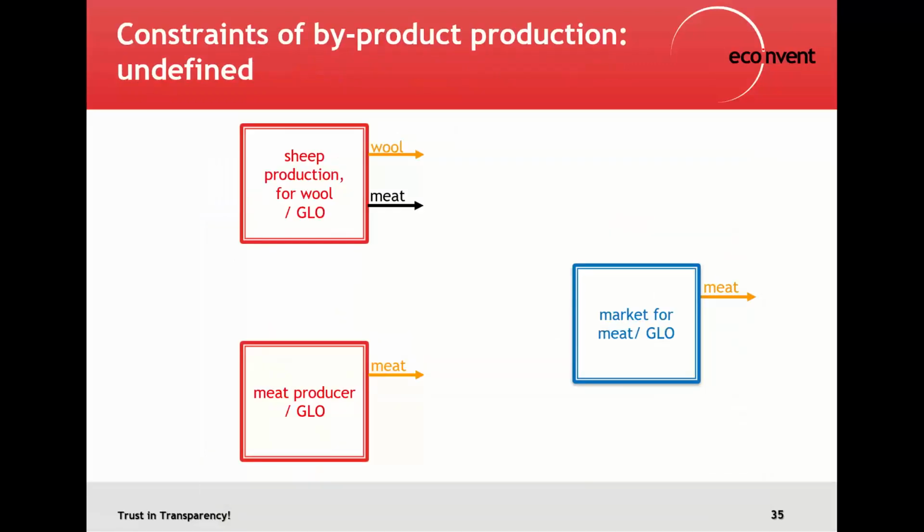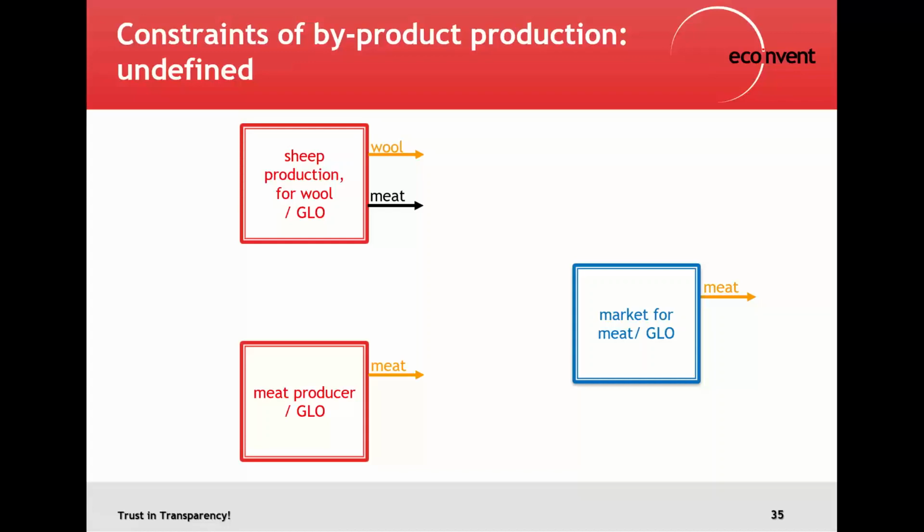If we use another example to explore further the constraint of byproducts, we are looking at the production of meat. Meat is constrained when it is produced as a byproduct of wool. That means that the wool supplier will not be reacting to changes in demand in the market for meat.